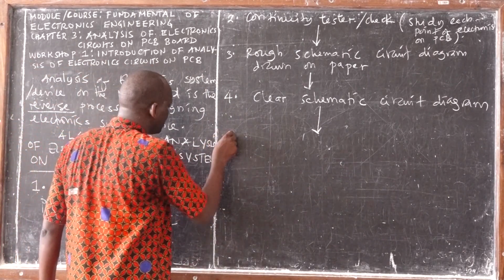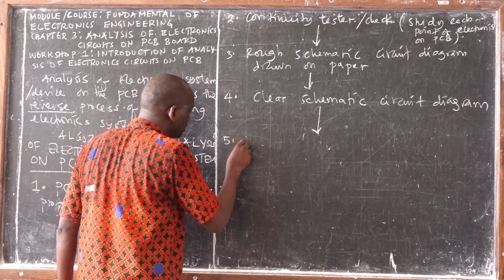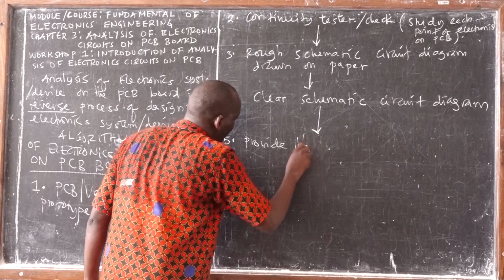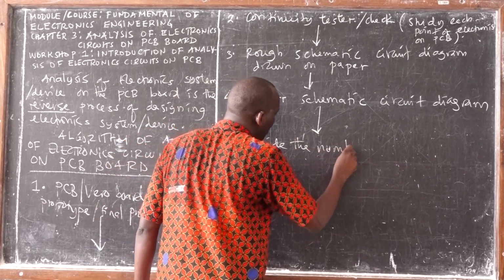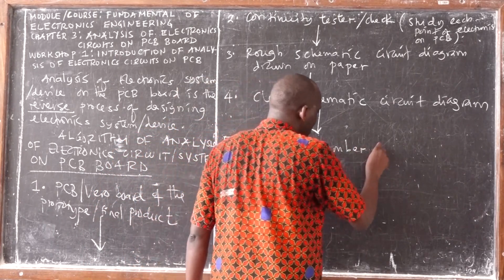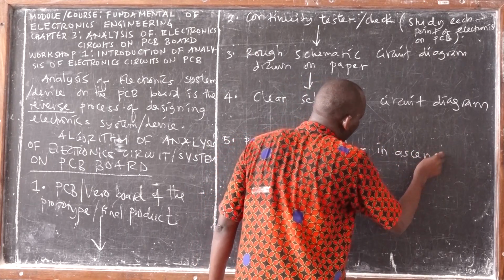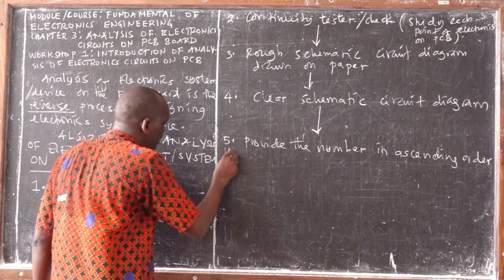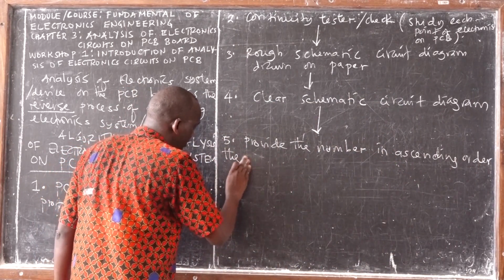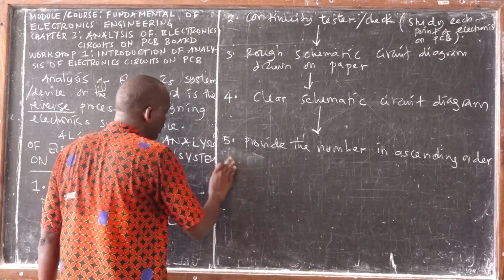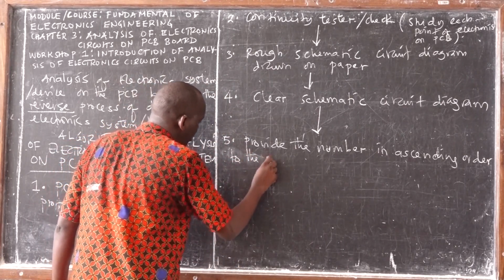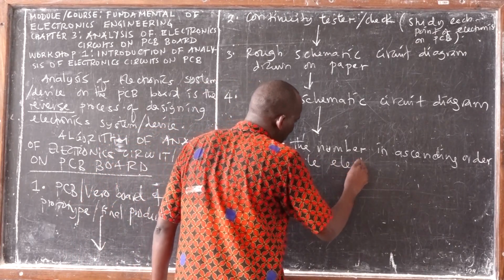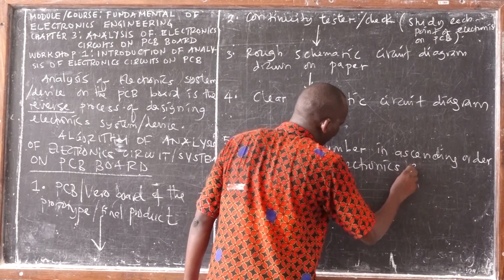Number 5 is this one. Provide the number in ascending order, the same, okay, to the multiple electronic components.